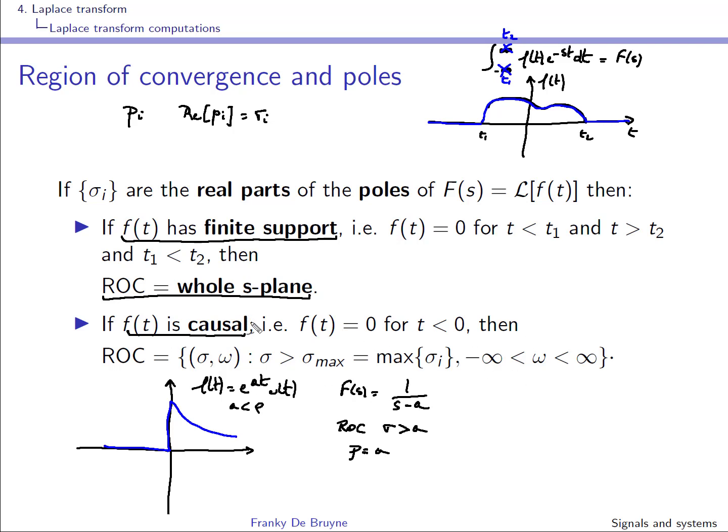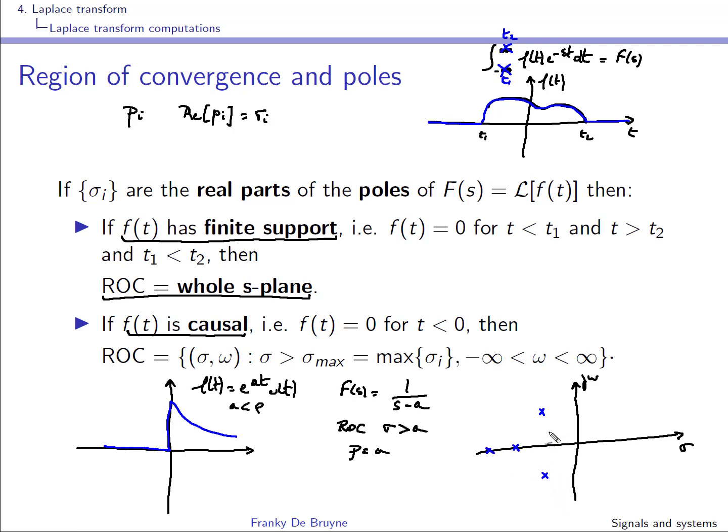So if you have a function and you have its Laplace transform, you look at all the poles. Okay, and let us take an example here, with sigma and j omega axes. So this is the real part of s, here it's the imaginary part of s, and let us suppose that you have poles over here. So here I have a complex conjugate pair, a pole over here, another one over here.